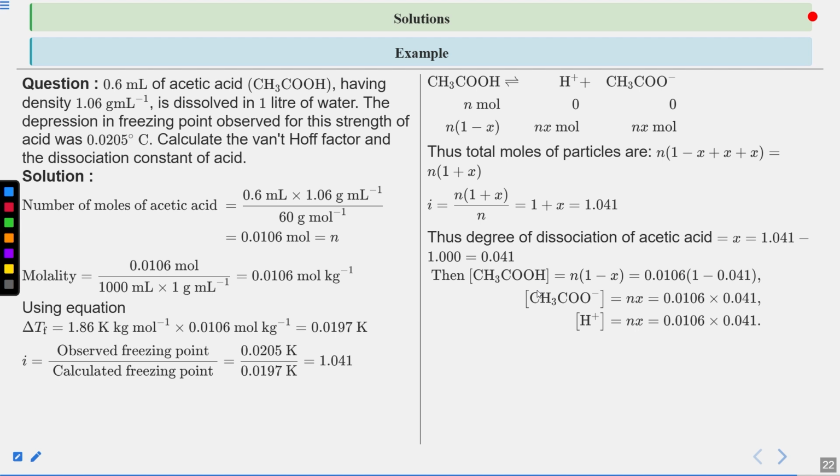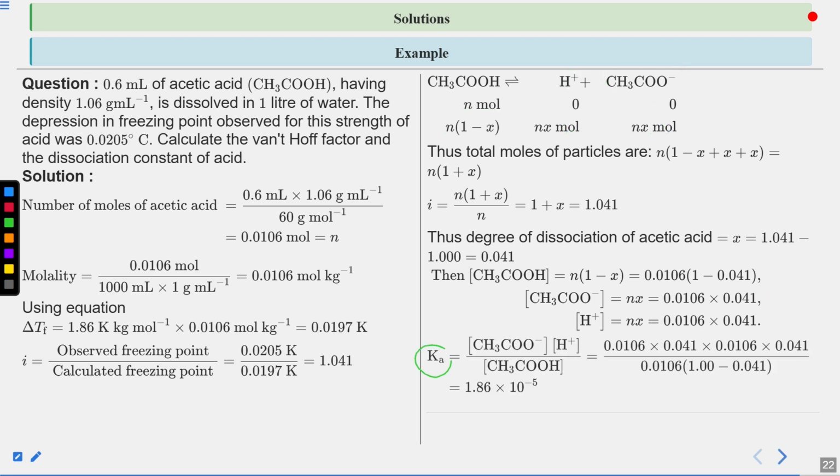But we are interested in the dissociation constant. So dissociation constant will be the concentration of H plus multiplied by the concentration of acetate ion divided by the concentration of acetic acid. So this is a direct result from the dissociation. Since we know the value of n and x, we can calculate each of these values, nx, nx, and n into 1 minus x, which is being done here.